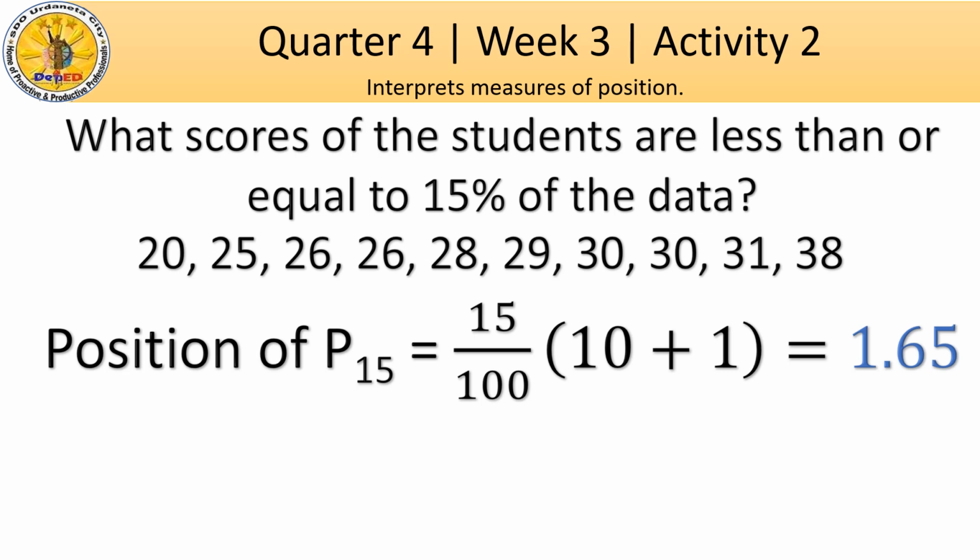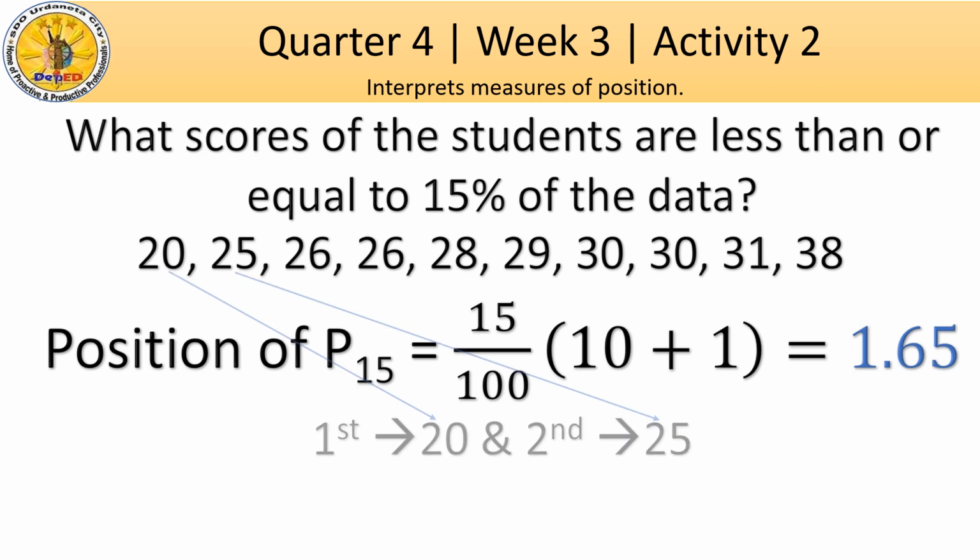Okay, so since we have 1.65, we will be considering the first and the second. This is just based with the whole number part of your decimal number. So for 1, you will have the first and the next one, which is the second. Okay, so we will have 20 and 25, and you will get the difference between the two by subtracting the smaller number from the larger number.